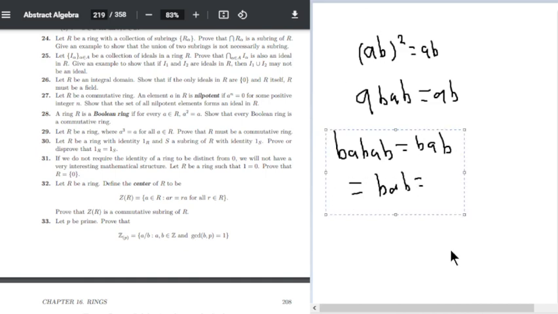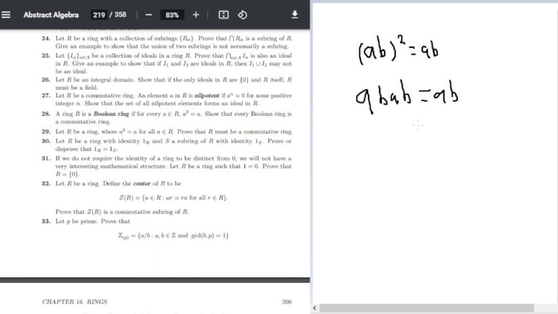I'm being dumb. Give me a second. So AB, A is equal to A, B, A.